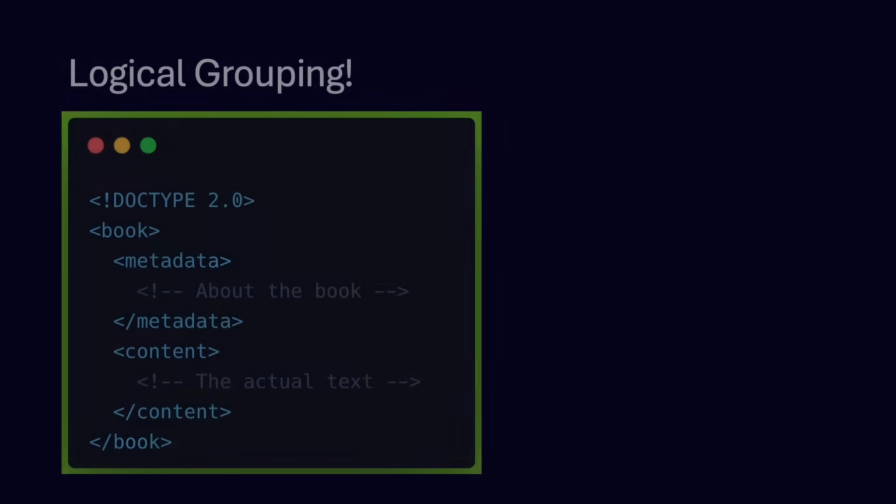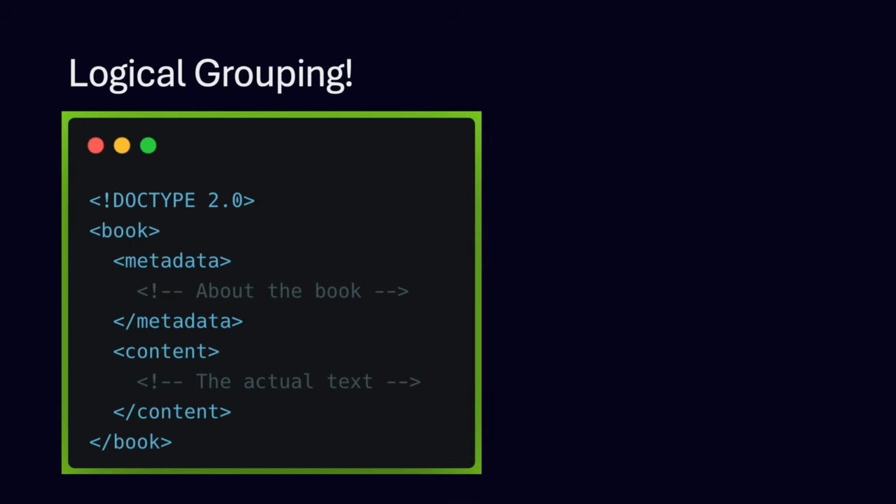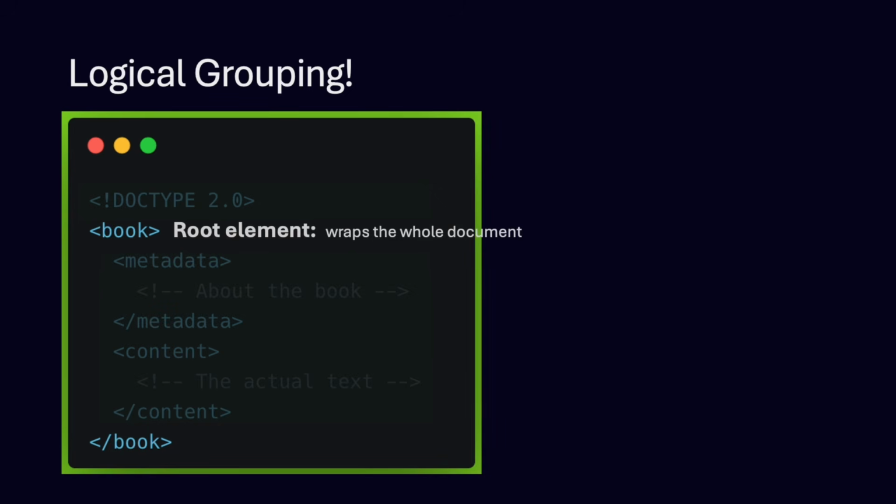Here's my solution. I will create structural tags that organize related information together. These tags are purely for organization and making the format easier to navigate. Here's what I propose. Notice three important things. First, I created a book container, a book tag, that holds everything. This is a root element that says this entire document represents a book.